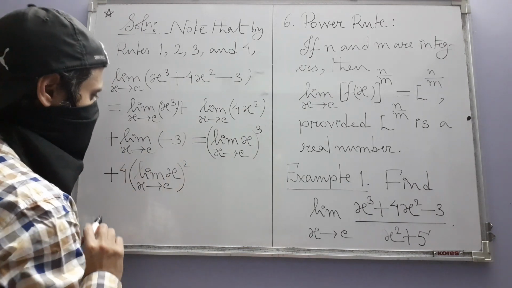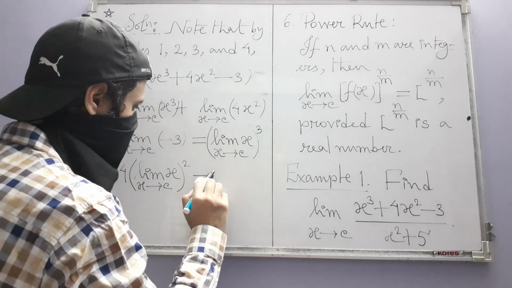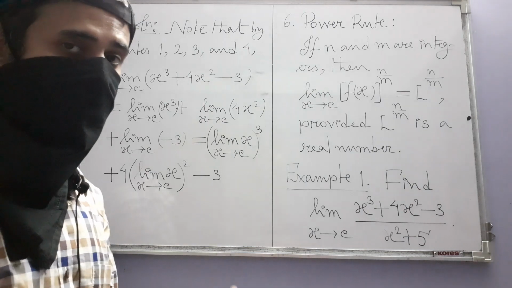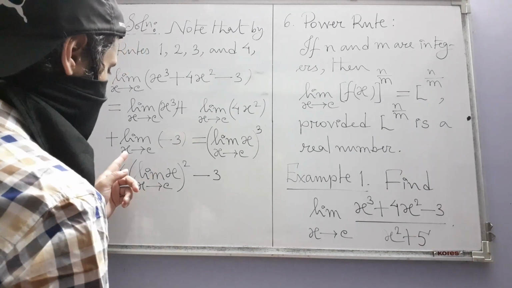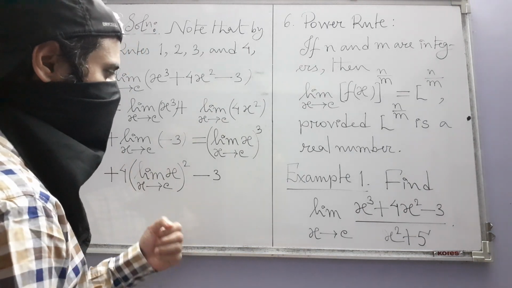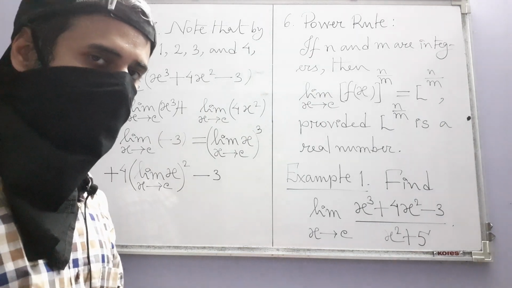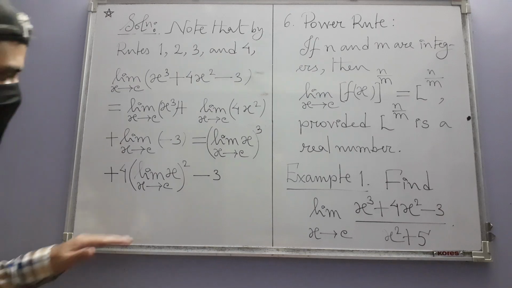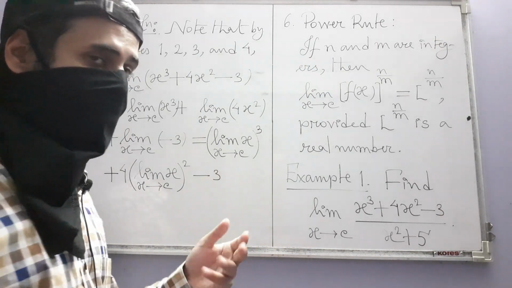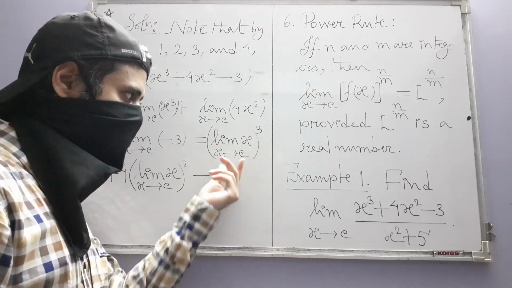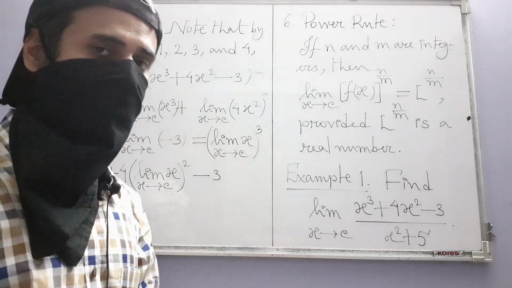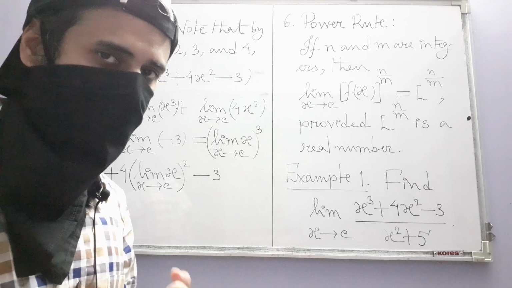And this last limit is minus 3 itself, because it's a constant function. No matter what happens to x, all the values are constantly minus 3, so I'm going to get minus 3. So now we come to the question of do we really know that this limit exists? Otherwise I should not have been able to apply these formulas, but I know that this limit exists.